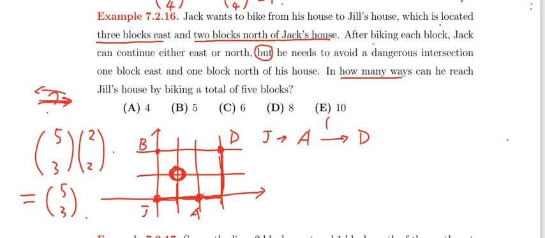So we just choose from 3, choose 1 for east, then the other 2 for north. Then check this point B. From J to B, one way, right? Then from B to D, also only one way. So this is one way, this is 3 ways. So totally 4 ways.